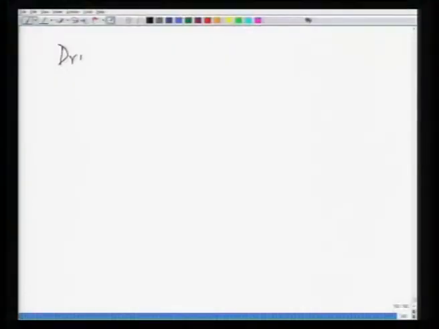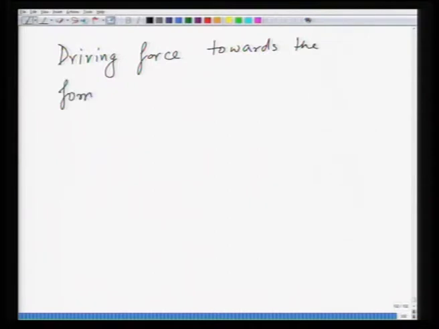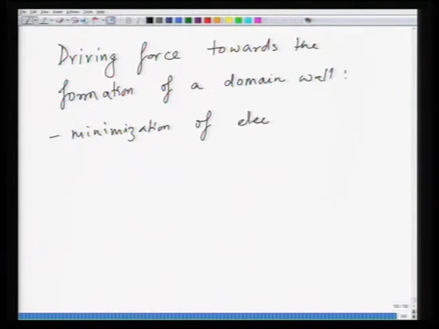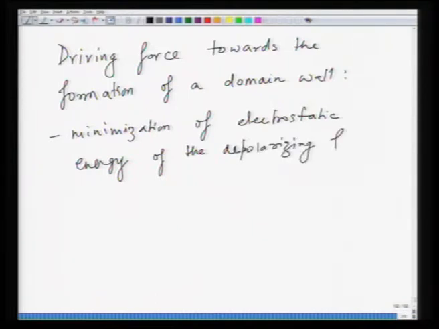Basically, the driving force towards the formation of a domain wall, which gives rise to multiple domain states, is the minimization of the electrostatic energy of the depolarizing field, which is called E_D.